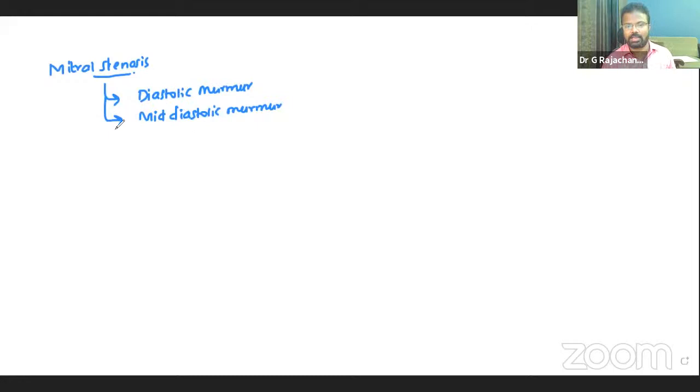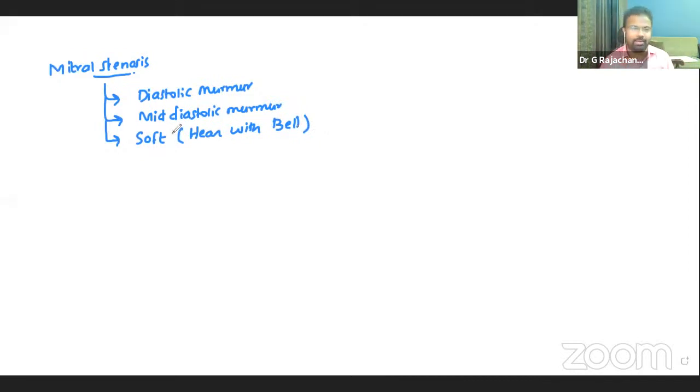Next important thing is, it is a mid-diastolic murmur. It is a very soft murmur. So what we need to do, you should hear with the bell of your stethoscope. Do not use the diaphragm. For the mid-diastolic murmur of mitral stenosis, do not use the diaphragm.